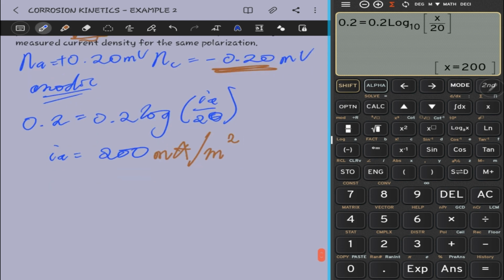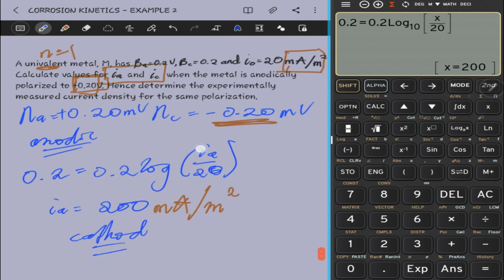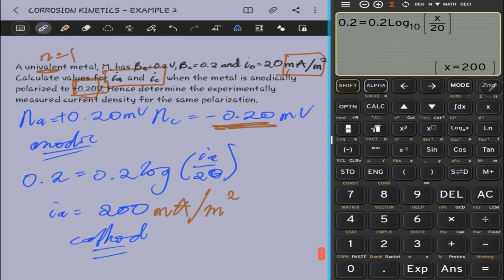So cathodic, same procedure. The potential was not given, but we know it to be the same magnitude. But let's look at this. We have to maintain the sign convention: from what has been given in the equation, the cathodic is positive, so we maintain it as negative, which is the appropriate way of doing it.